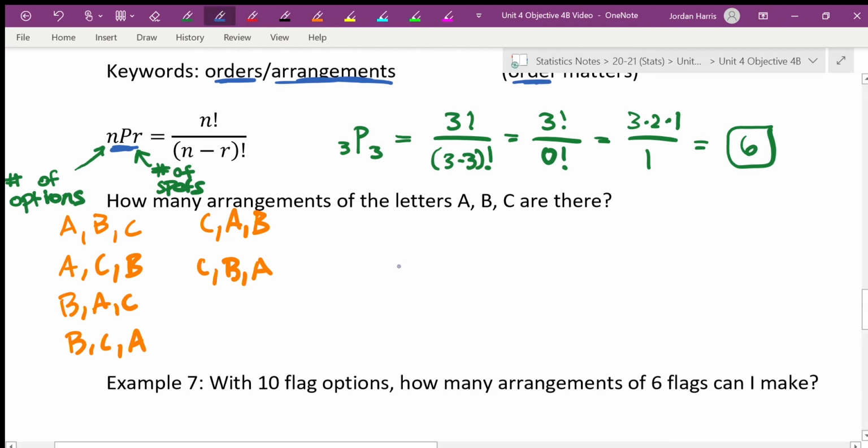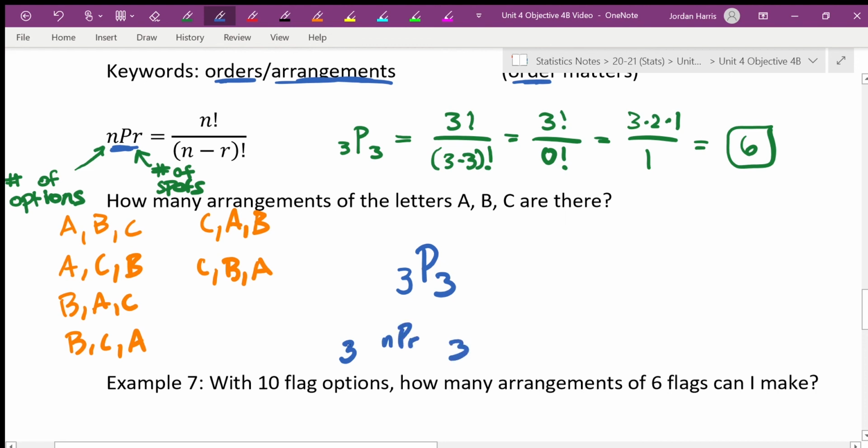Okay, so I get 3P3. So you can use your calculator for this. A lot of people don't know that they can use their calculator for this. So if you get out your calculator, you're looking for the probability section for a lot of people. It might say prob, and then you would usually type in 3, and then nPr, and then 3.